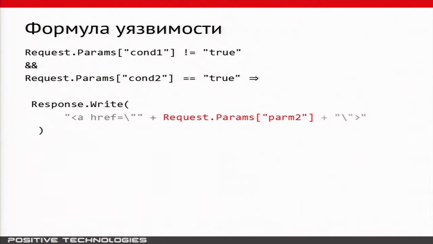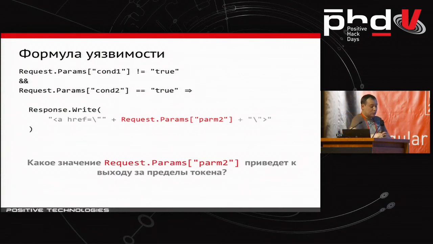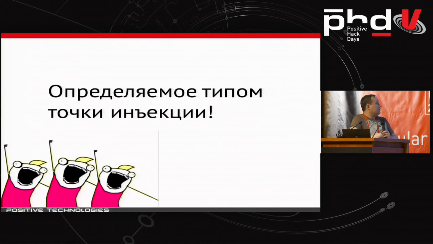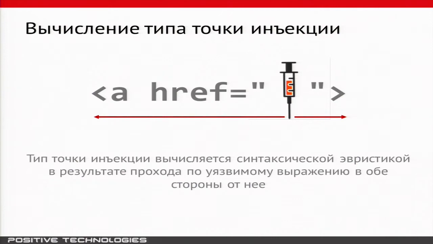Once con1 is not true and con2 is true, there's another question that we still lack. To get this injection, what should be the value so that we get beyond the token or attribute? So here we determine the type of injection, which is quite trivial.